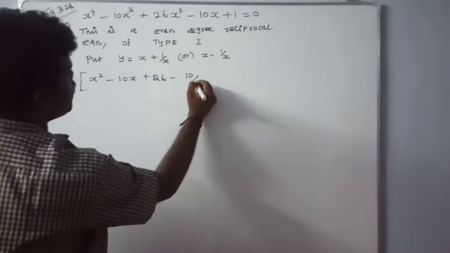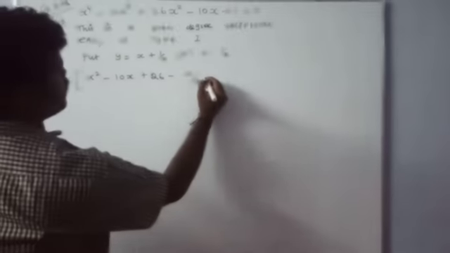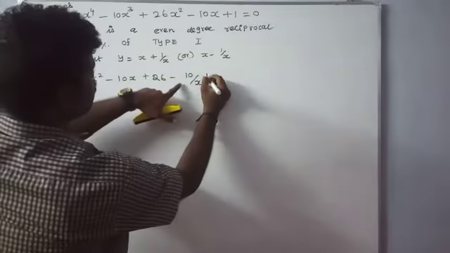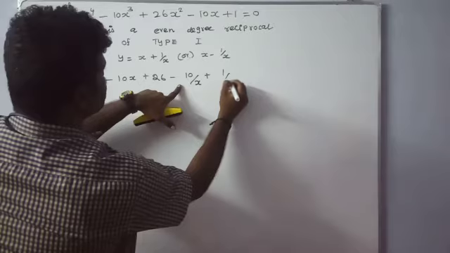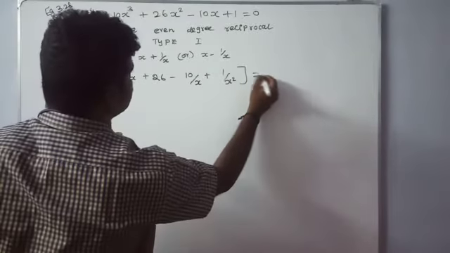What are the values? Here x square is there and minus 10x is there plus 26 and minus 10 by x and 1 by x squared equal to 0.